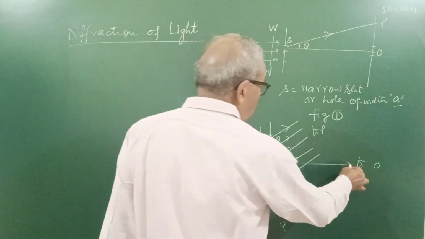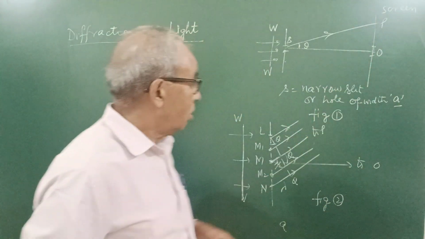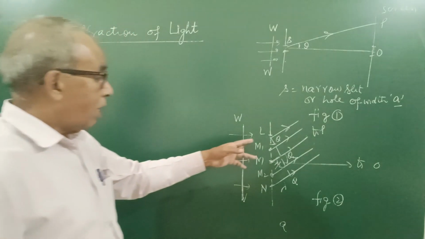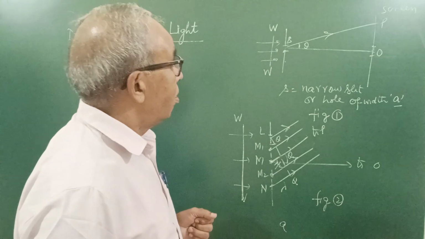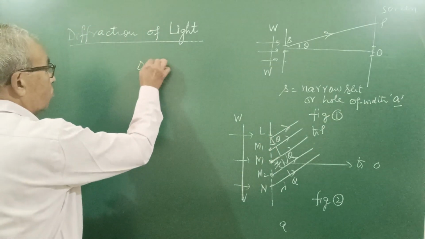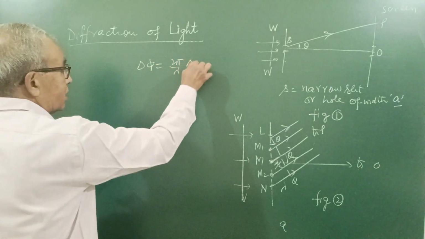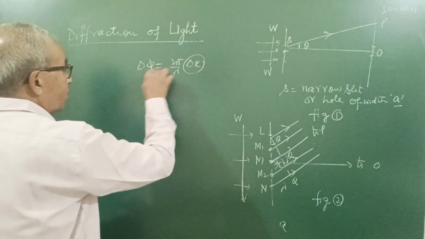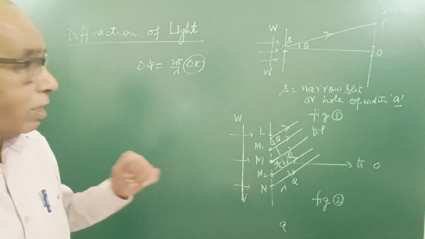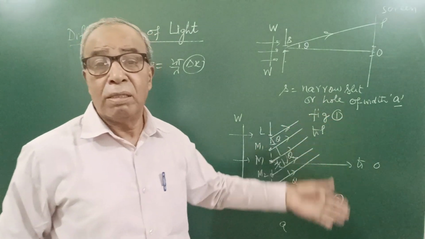But as we move away from O to P, then a path difference starts occurring. And due to path difference, delta phi equals 2 pi upon lambda into delta x. If there occurs a path difference, a phase difference of secondary wavelets will start occurring and they will start getting out of phase.